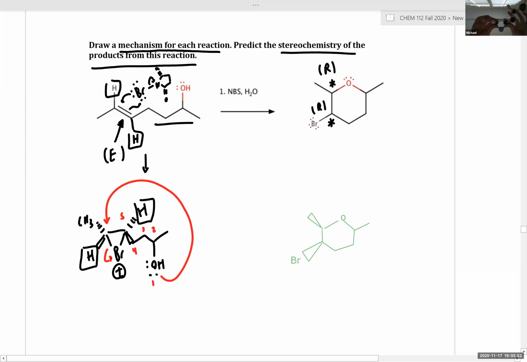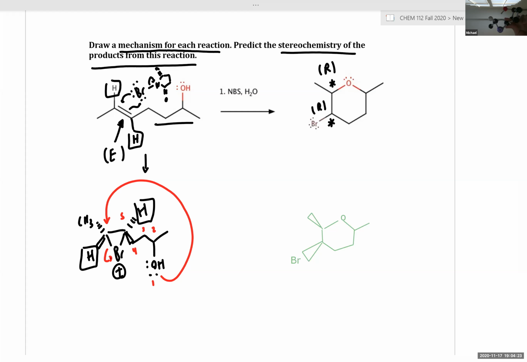Okay, now it's really important to note when our alcohol attacks, is it going to attack from the bottom face or the top face? How will it attack? Will it attack on the same side as this bromonium or the opposite side? What does everyone think?